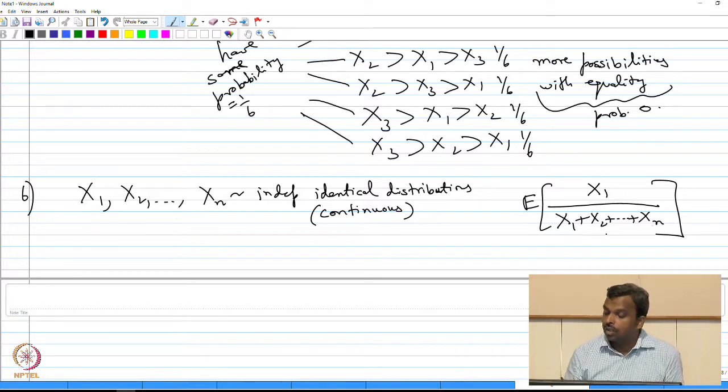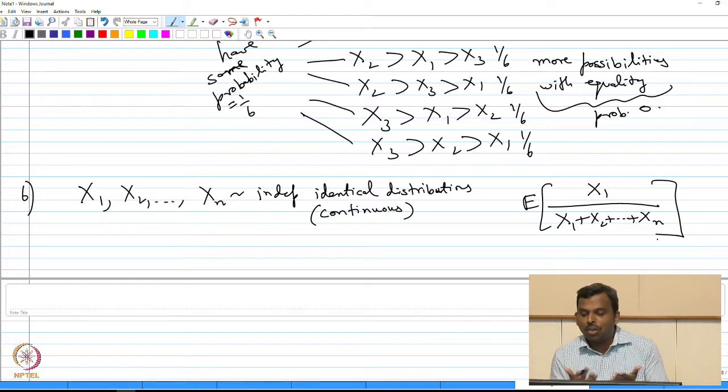I haven't told you anything about what the distribution is. But one can use symmetry, which comes from the fact that they are independent, and the linearity of expectation to evaluate this expectation. You might be surprised by how that works out.